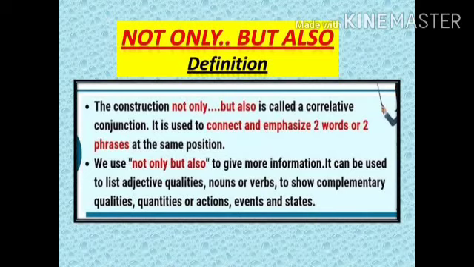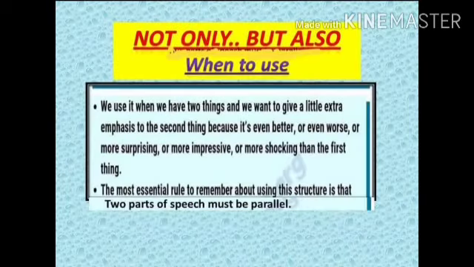It can be used to list adjective qualities, nouns or verbs to show complementary qualities, quantities or actions, events and states. This correlative conjunction always comes in pairs and they relate one part of the sentence to the other. So when do we use the construction not only but also?